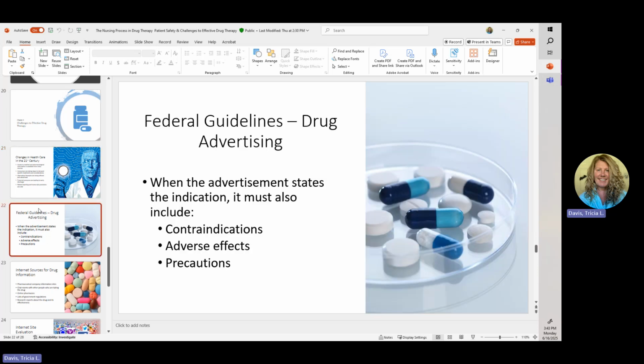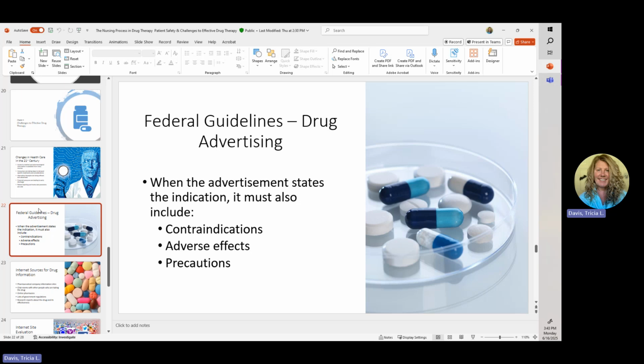All right, so what are some of those federal guidelines that we see that are in place with regards to drug advertisement? So you will see that when there are different commercials and things like that for medications, that they have to follow certain rules. So when an advertisement comes on, they have to make sure that they state what this medication is intended for.